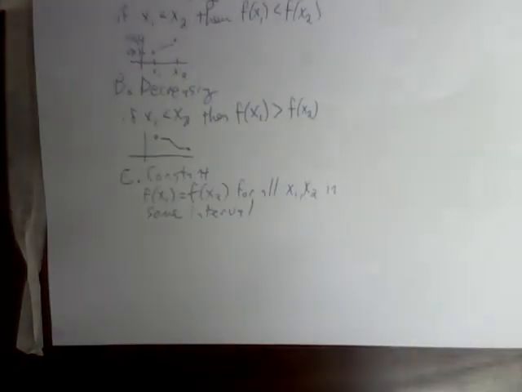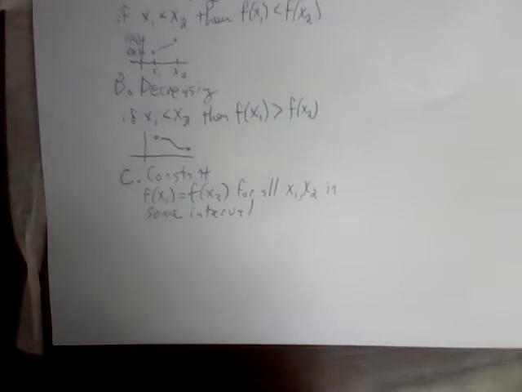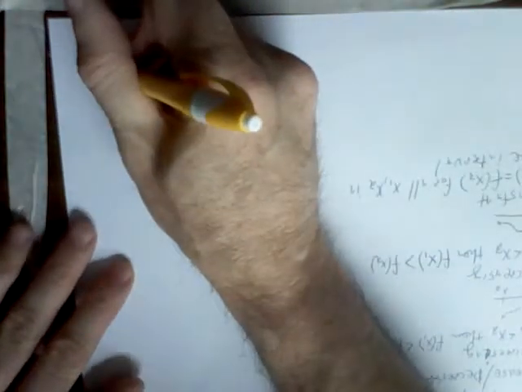Okay, so the first set of problems in the book will have you identify the open intervals on which the function is increasing, decreasing, and constant. Okay, so let's take a look at some of those.